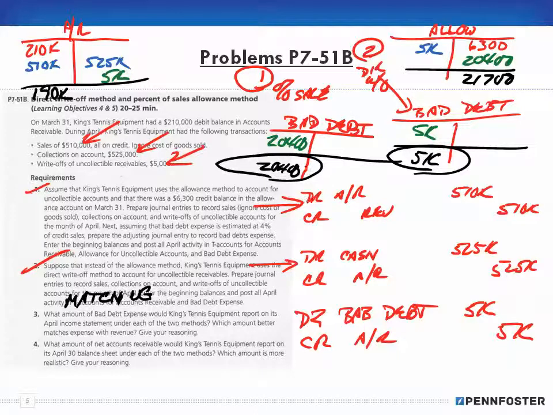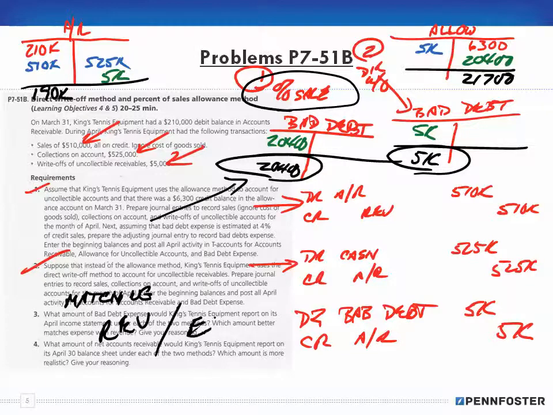The allowance method better matches, right? Because we're estimating our bad debt based upon our percentage of sales. Remember, the matching principle is matching revenues against your expenses.